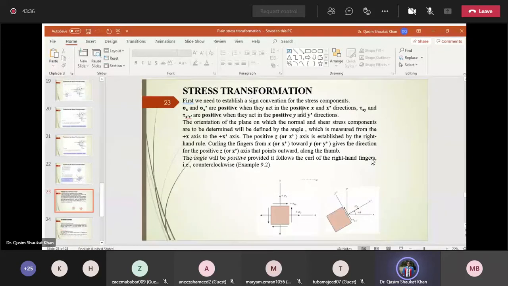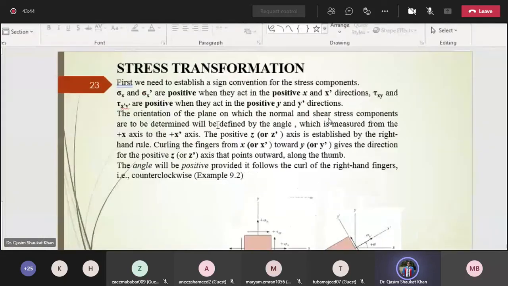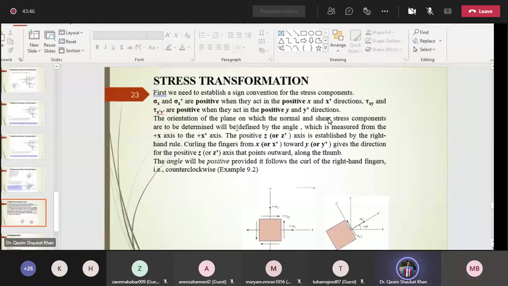The orientation of the plane on which the normal stress components, sigma x and sigma y, and the shear stress component tau xy are to be determined will be defined by the angle theta, which is measured from the positive x-axis to the positive x dash axis.